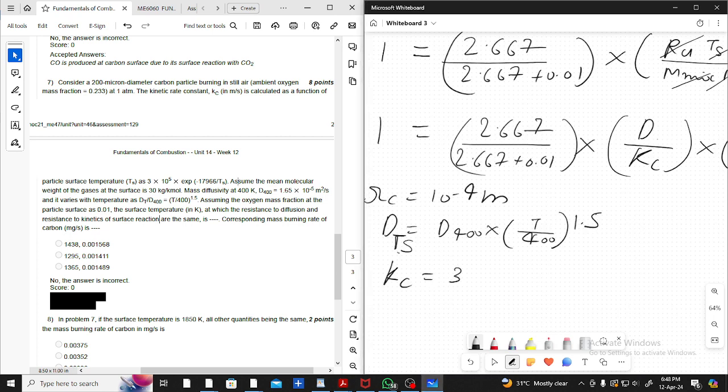Kc is equal to 3 into 10 to the power 5 into exponent of minus 7966 upon T into S.